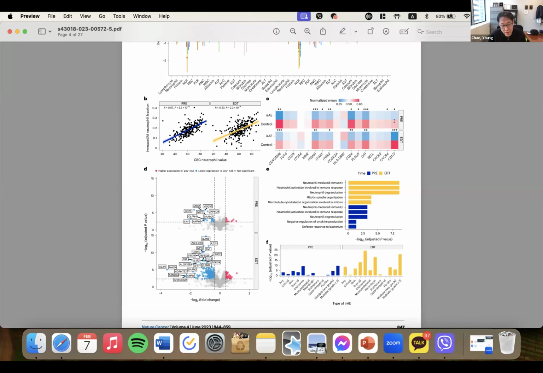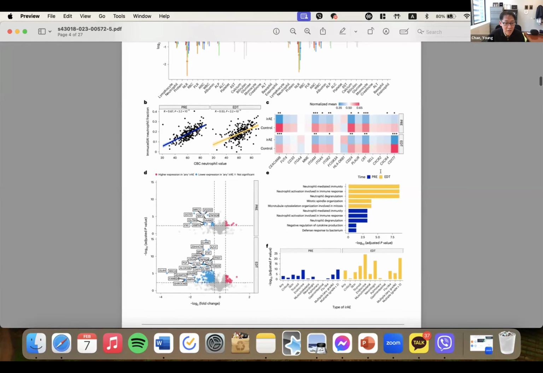The more neutrophil you have, the less immune side effects you get. So I don't understand. Show me the conclusion that you cited from.